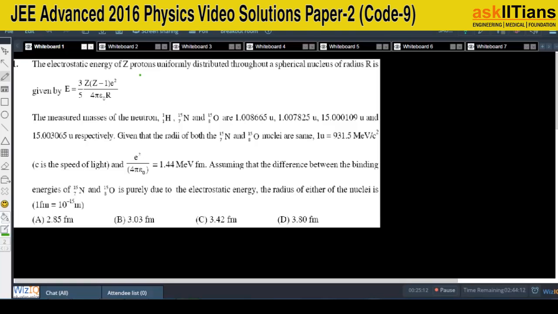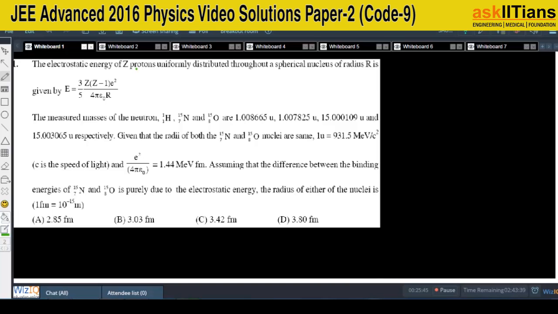The measured masses of neutron, proton, nitrogen and oxygen are given. It is also given in the question that the radii of both the nitrogen and oxygen nuclei are the same, and that one AMU, atomic mass unit, is equal to 931.5 MeV/c², where c is the speed of light, and the value of e²/(4πε₀) is equal to 1.44 MeV·fm.